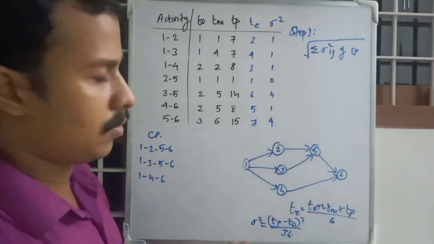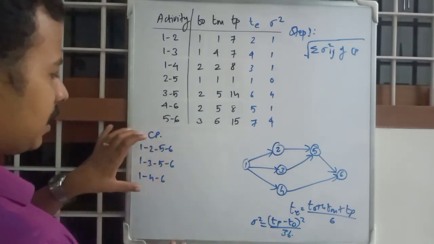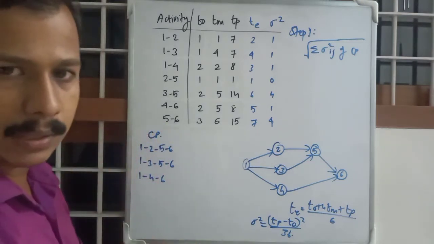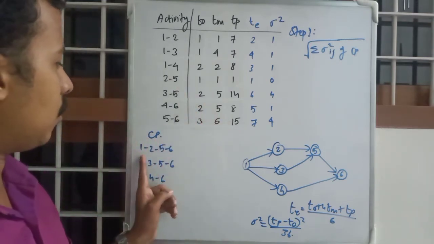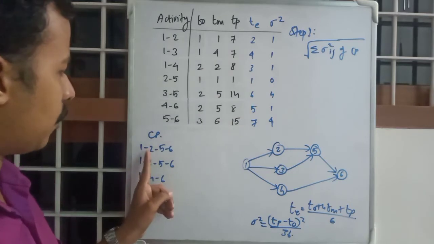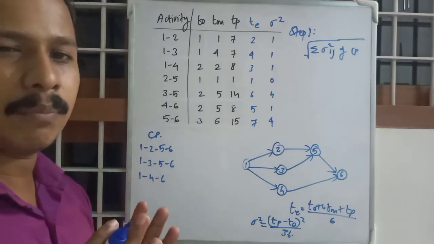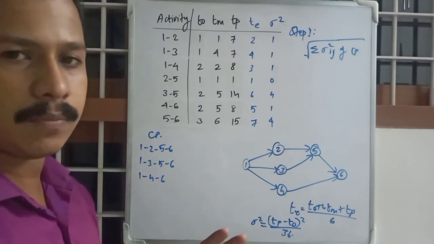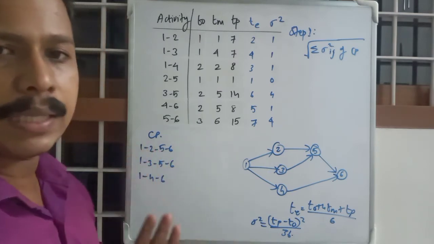Only three paths. So one of these three paths is the critical path. How do you find it out? Just add all TE values of the corresponding activities and find out which one is the biggest. The longest duration path will be the critical path.